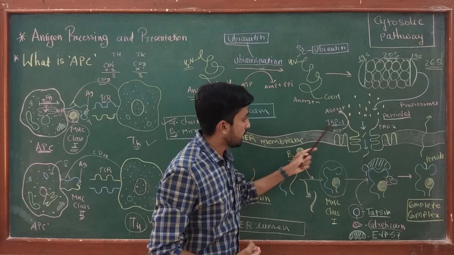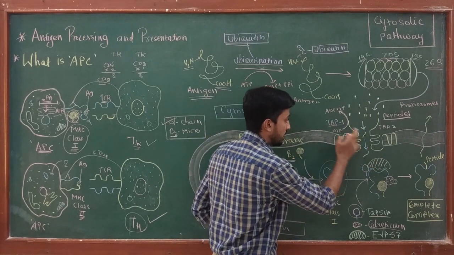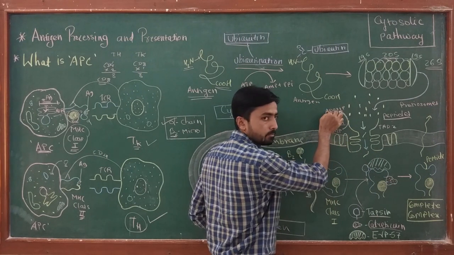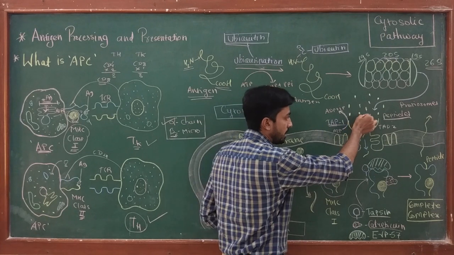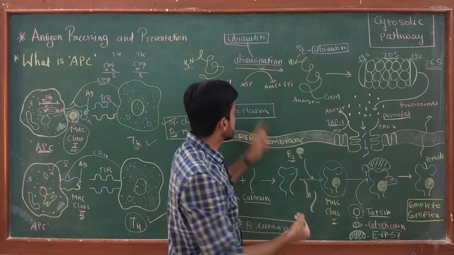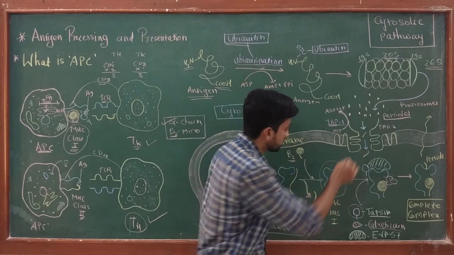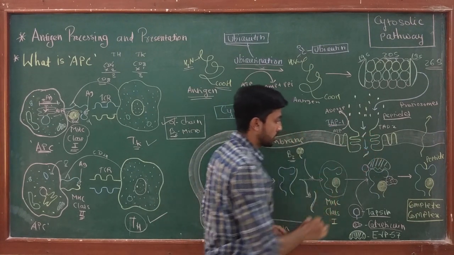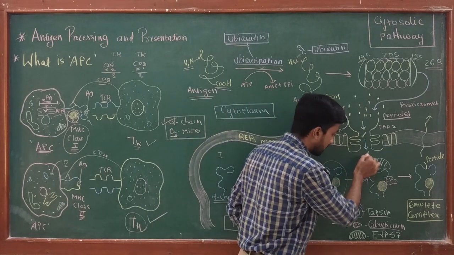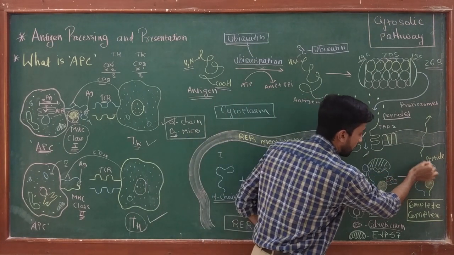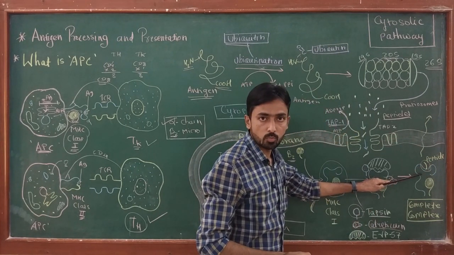TAP1 and TAP2 are membrane associated proteins, and with the help of ATP hydrolysis, or the energy of ATP, peptide molecules of 8 to 10 amino acids, which are produced in the above reaction, are transported. Here you can see peptides are transported into the lumen of the rough endoplasmic reticulum, and now this peptide gets attached on the peptide binding cleft of the MHC class 1 molecule.